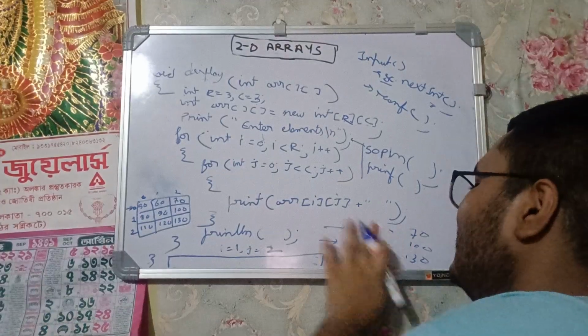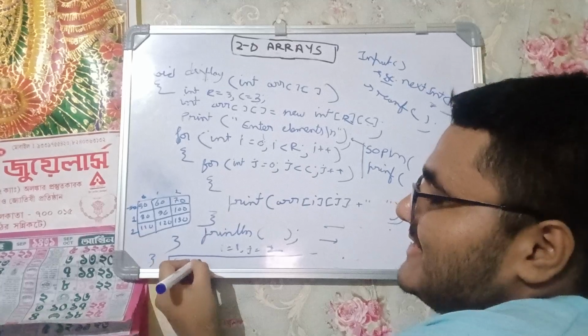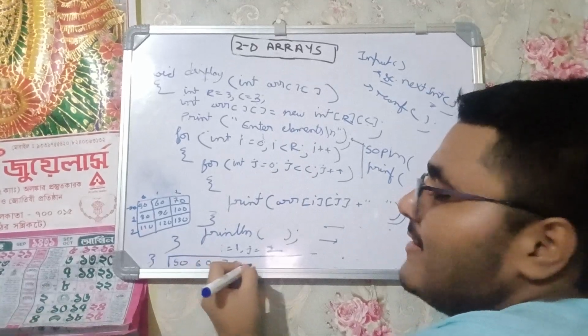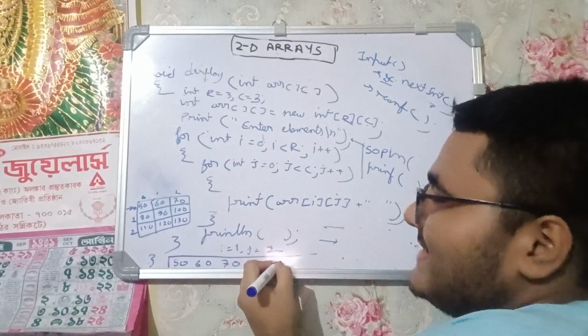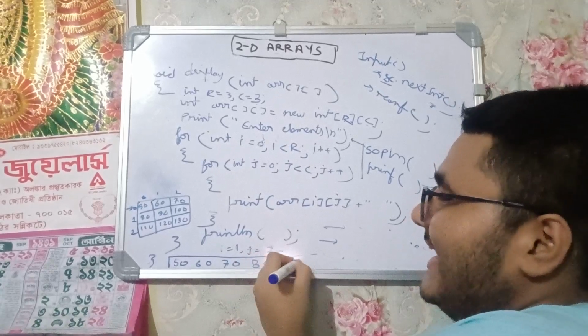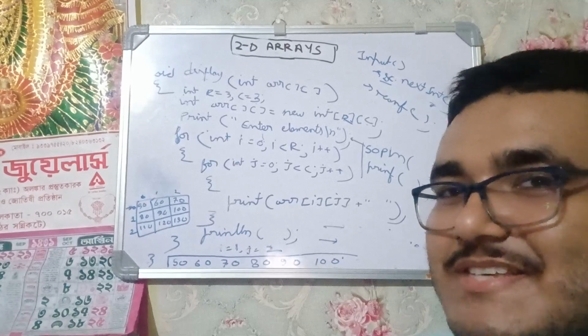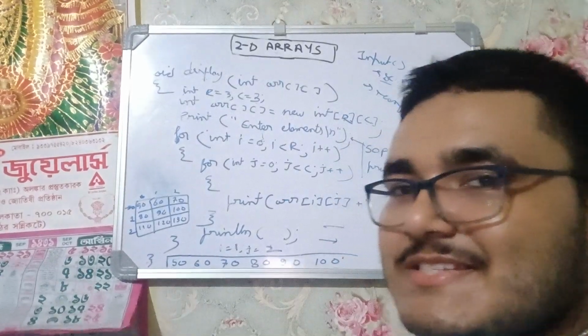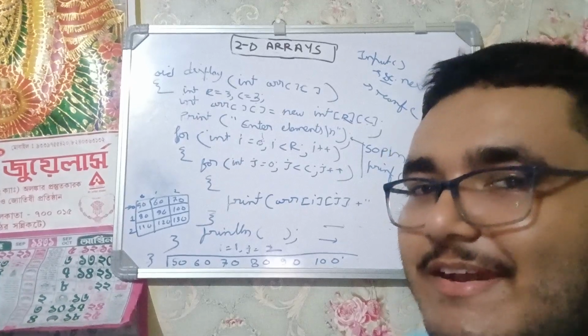If I am not wrong, you will be getting an output like 50, 60, 70, and then you will be getting 80 in the same line, then 80, 90, 100. So it will not be printed in a matrix fashion, rather it will be printed like a single dimensional array.